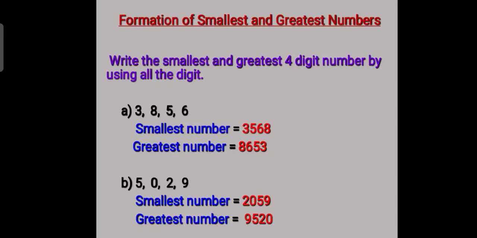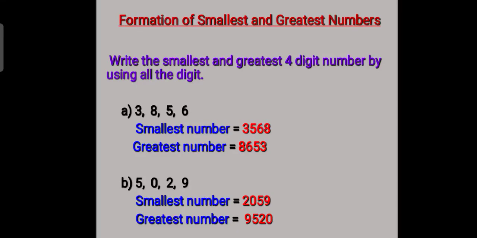Now let's solve one more example. The digits given are 5, 0, 2 and 9. Firstly, to form the smallest number, we arrange in increasing order as 0, 2, 5, 9. But this is a 3-digit number. So what can we do? Yes, we interchange the position of the first 2 digits, that is 0 and 2.